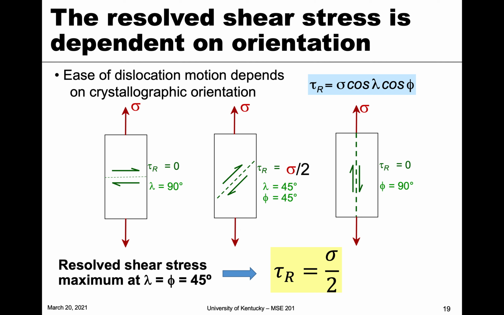All right, so this whole discussion is basically getting shear stress from a tensile stress. And so we can get a shear stress at some plane as long as it's not normal to the tensile direction or coplanar to the tensile direction. Other situations, other planes like this one, will have a component of shear stress.